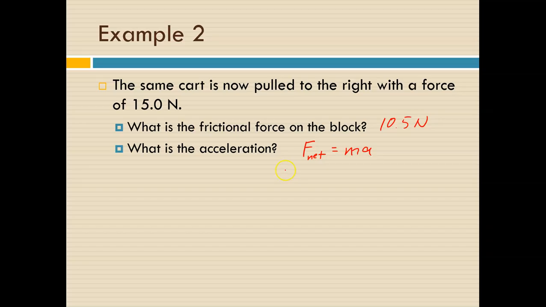We take 15 newtons to the right, subtract 10.5 newtons to the left, and divide the whole thing by the 5 kilograms, and we end up with an acceleration of 0.90 meters per second squared. The key is that the frictional force doesn't change.